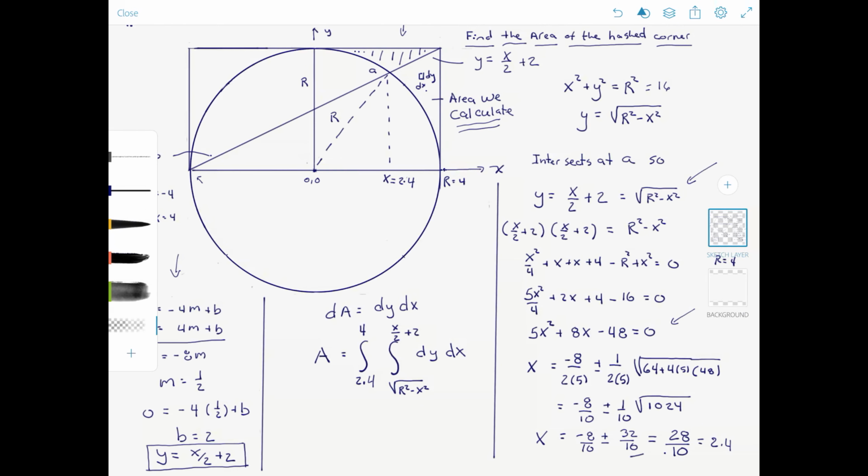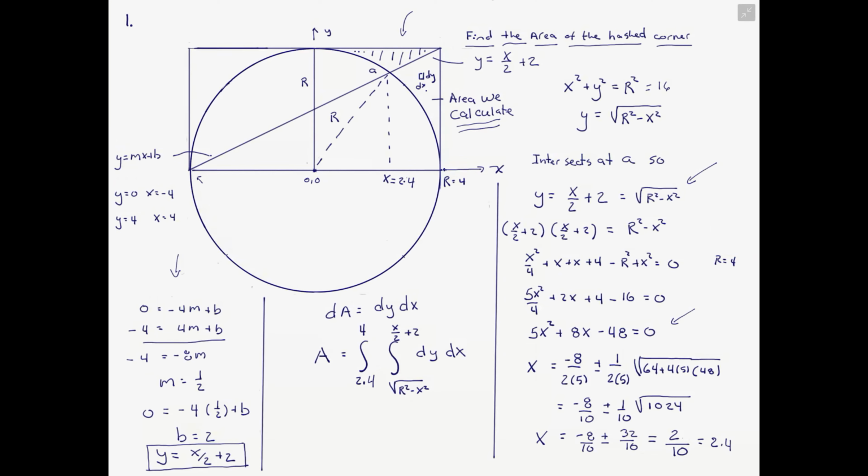So I have to be pretty careful here. I wasn't careful enough, so sorry about that. I apologize, and we'll just erase all non-essential lines, and this is 24. So 32 minus 8 is 24. It's 2.4. So that's the x.